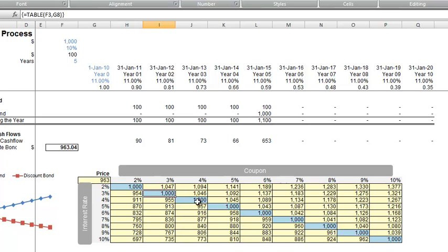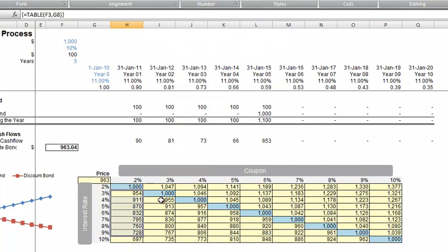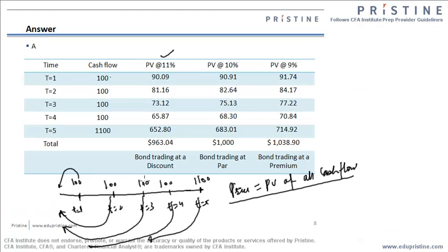So we are always getting a face value of 1000 as the price, right? And whenever the interest rate is more than the coupon, we know that the prices will fall, right? So that was about the Excel part.